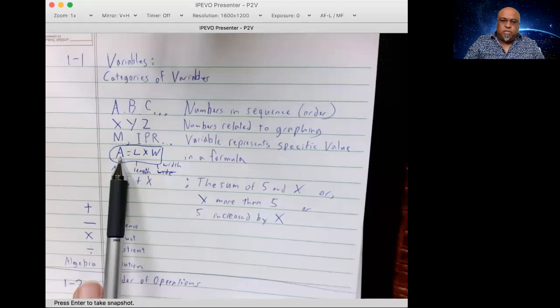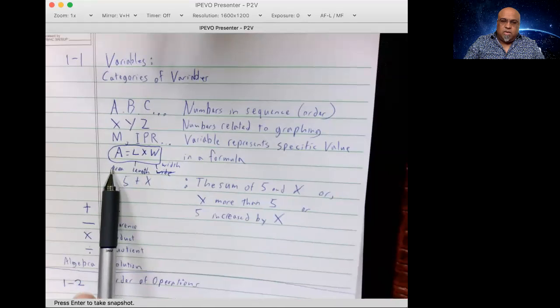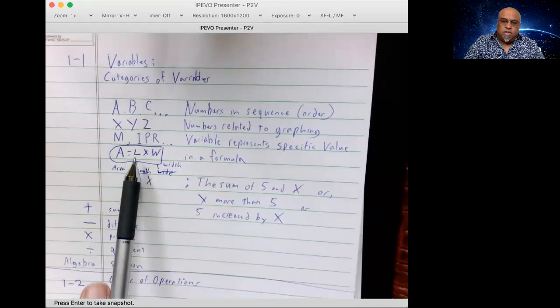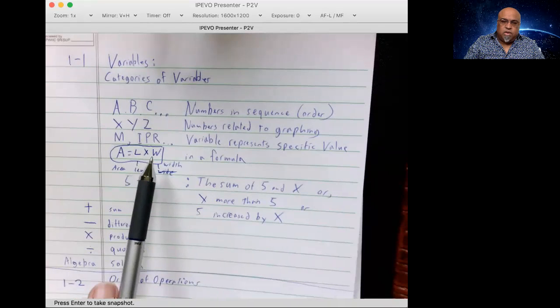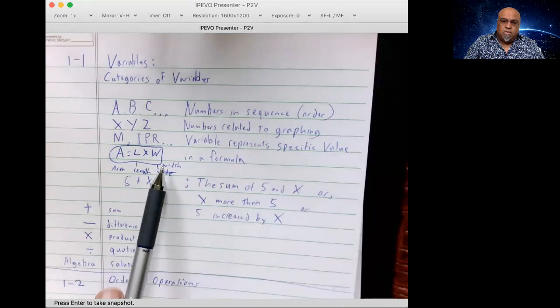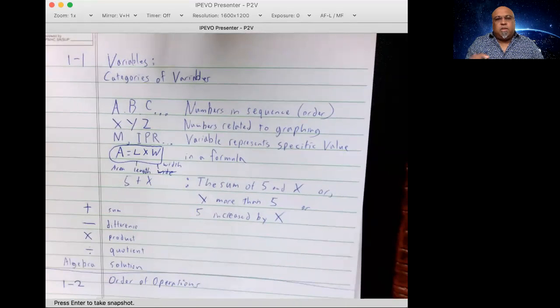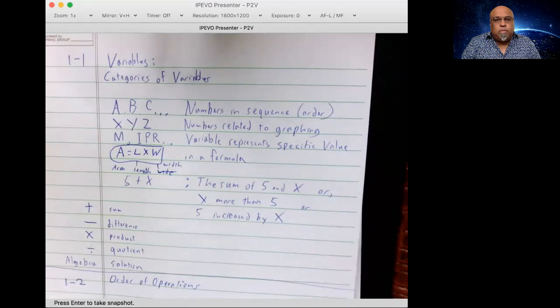Now you'll notice that the first letter A is the first letter of area. The letter L is the first letter of length, and the letter W is the first letter of the word width. Okay? Now in this formula, every rectangle might not have the exact same length and width, but every rectangle can be measured by the formula A is equal to L times W.